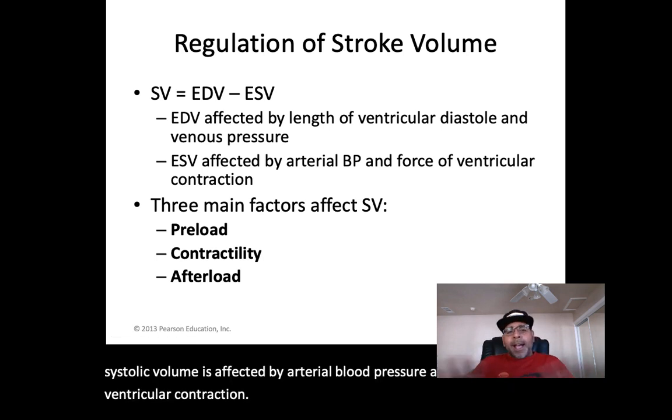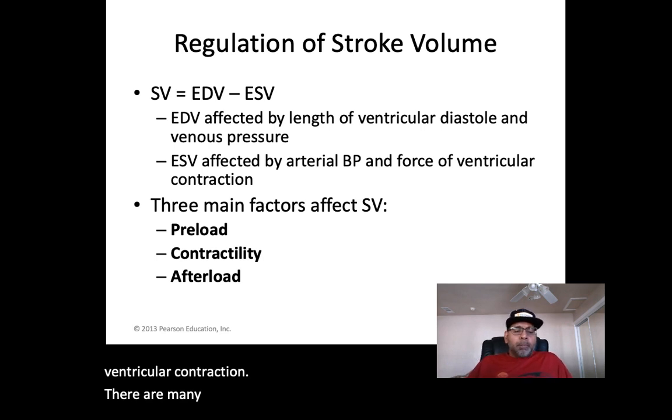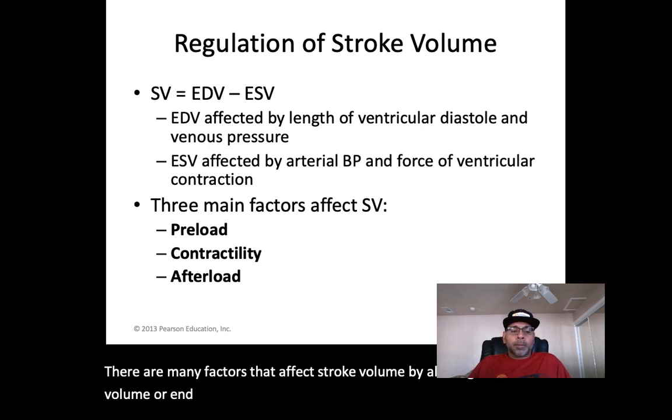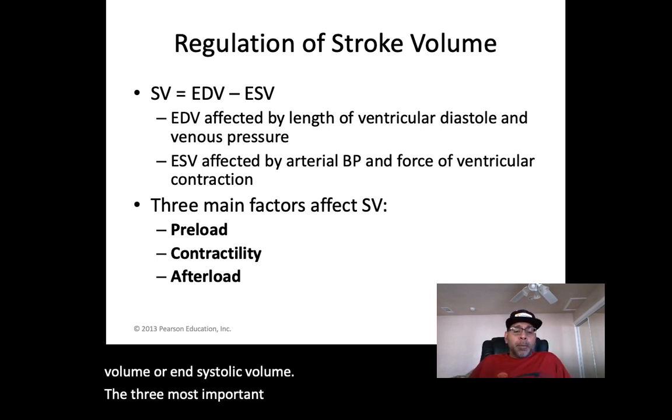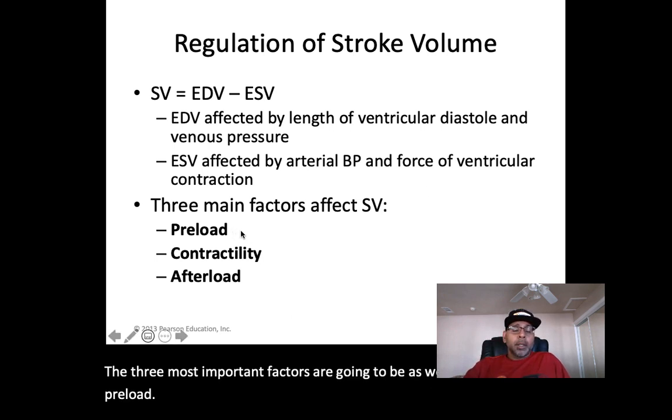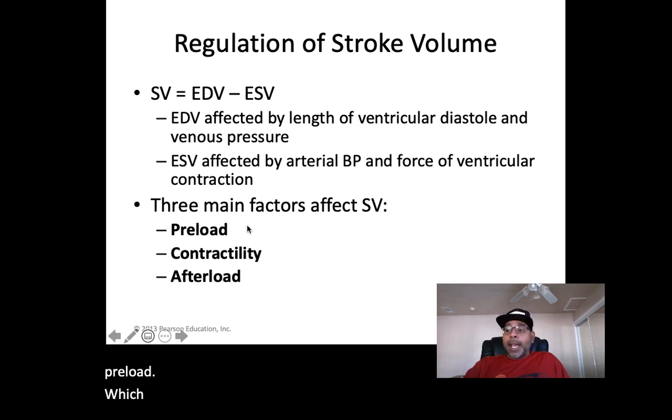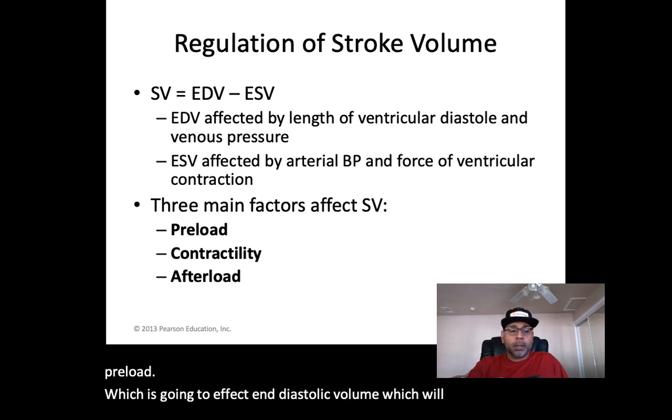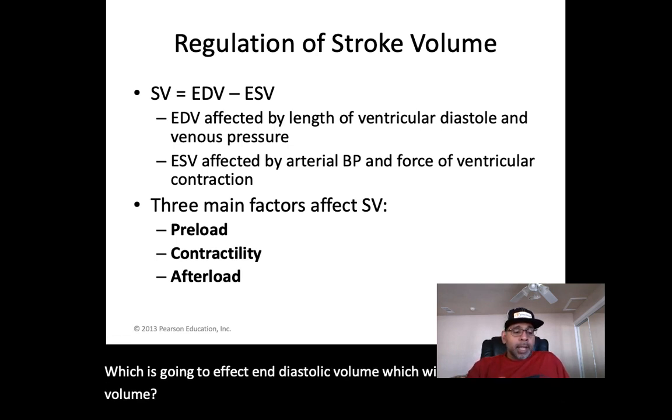There are many factors that affect stroke volume by altering end diastolic volume or end systolic volume. The three most important factors are, as we can see here, preload, which will affect end diastolic volume. The second factor, contractility.